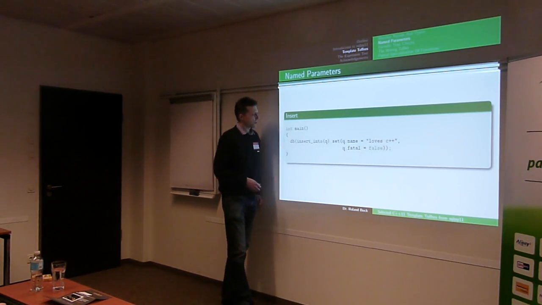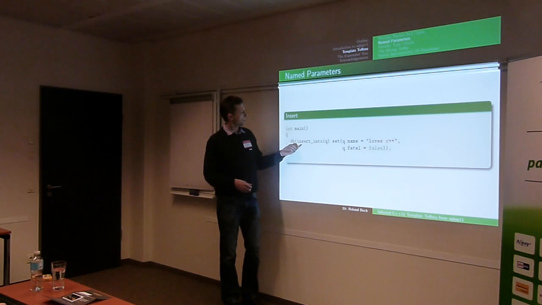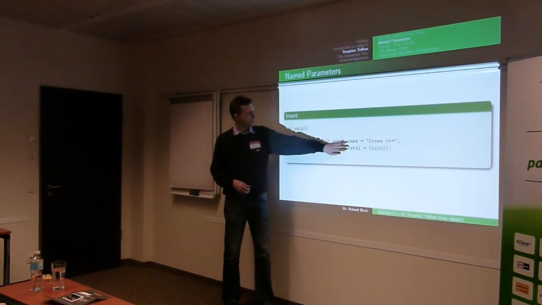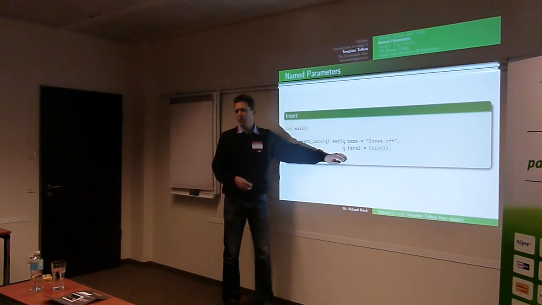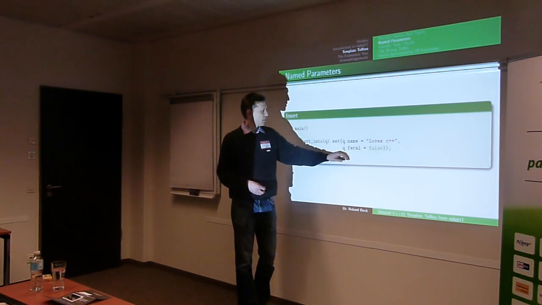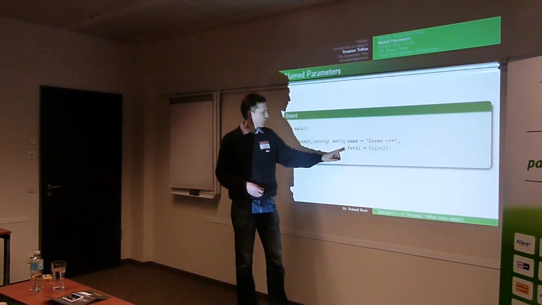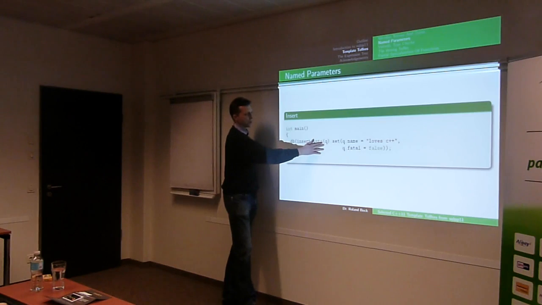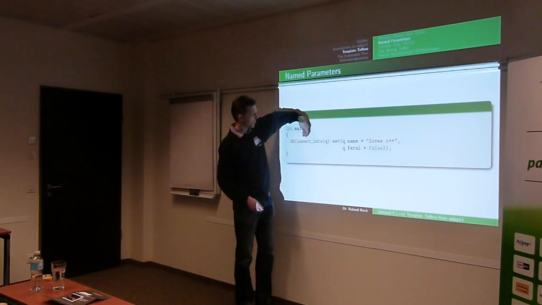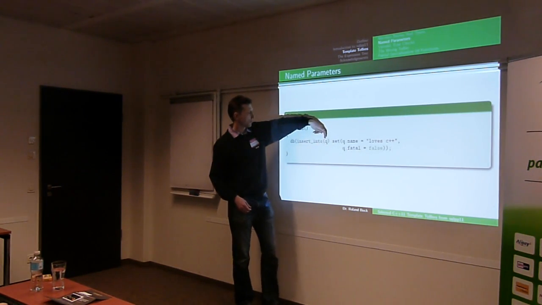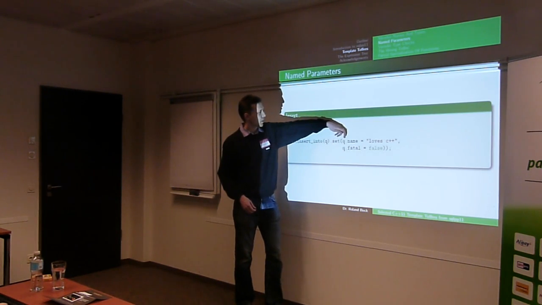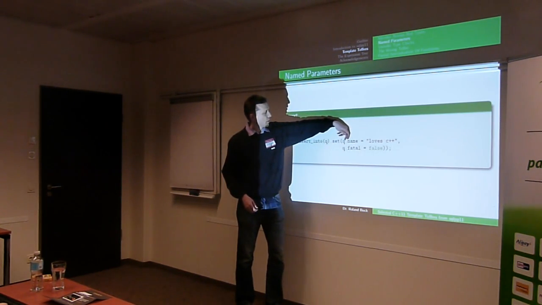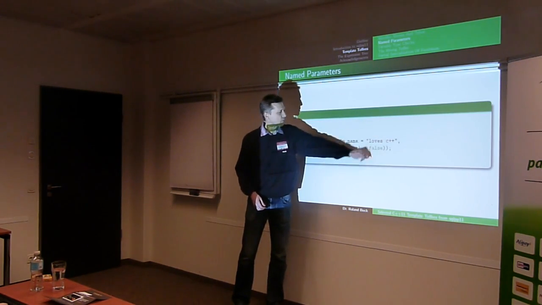And it turns out that in SQL 11 we have something which is pretty much named parameters. In an insert statement, you say I insert into this column Q here, and I insert the column name with this, and whether it's fatal or not with another value.